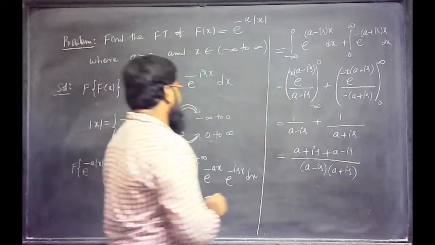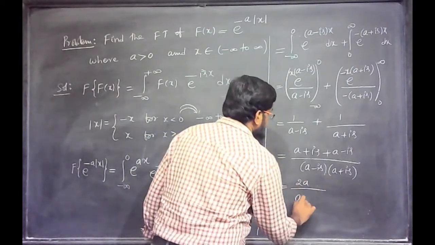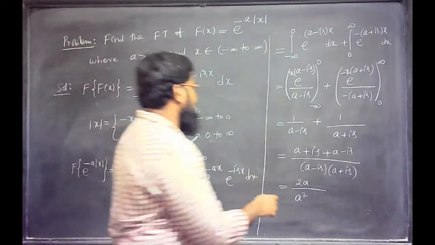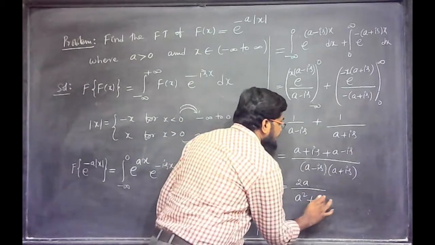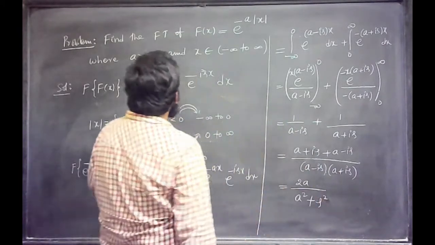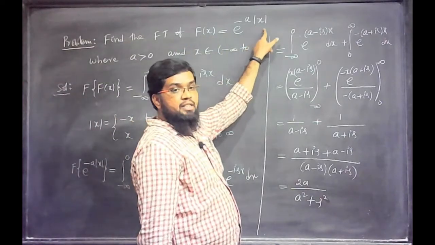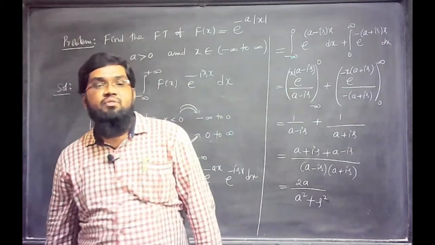Is cancel, 2a divided by a square minus (is) square, that is plus s square. So finally the Fourier transformation of f of x equal to e power minus a mod x, ఆన్సర్ ఏమొచ్చిందంటే 2a divided by a square plus s square అనేది వచ్చింది.